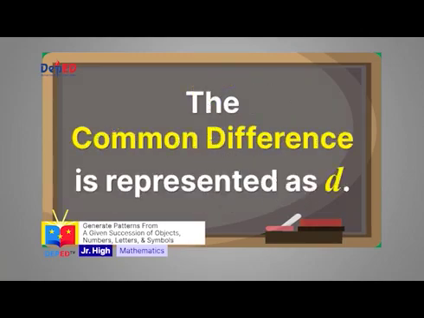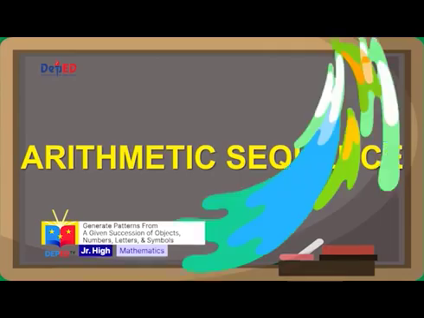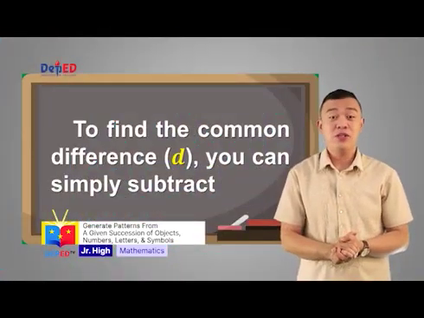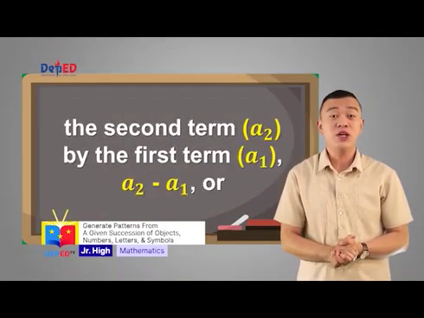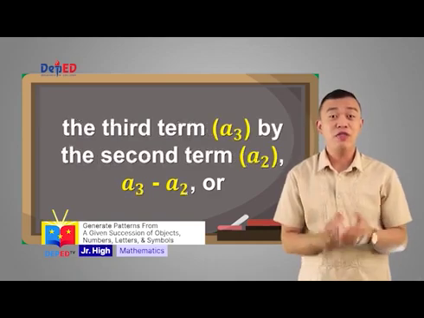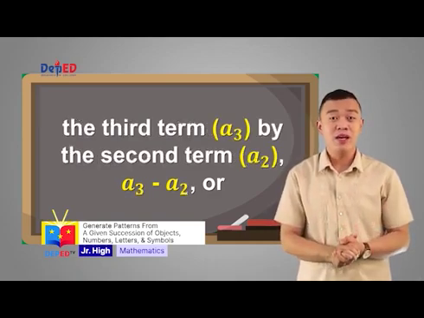The constant number being added is called the common difference and is represented by the letter d. All these sequences are called arithmetic sequences. To find the common difference, d, you can simply subtract the second term, or a sub 2, by the first term, or a sub 1. That's a sub 2 minus a sub 1, or the third term, a sub 3, by the second term, a sub 2.